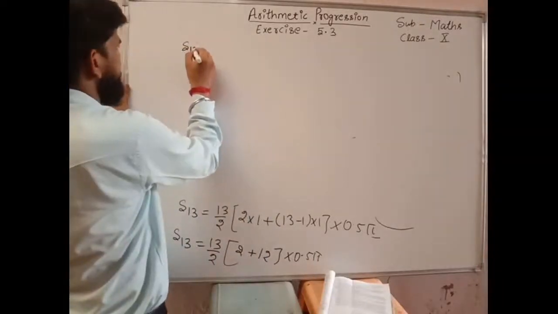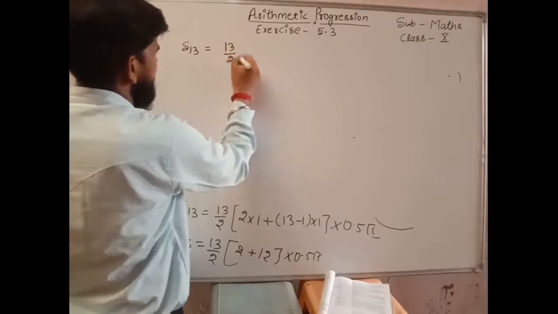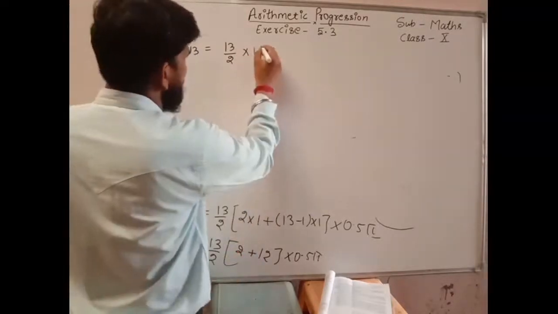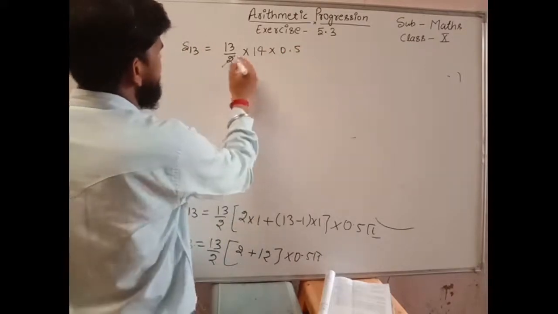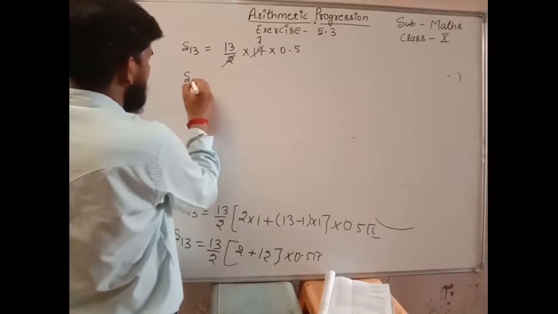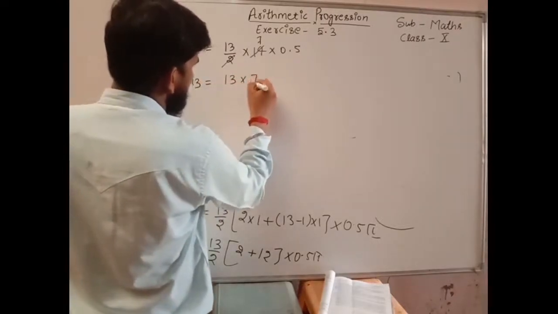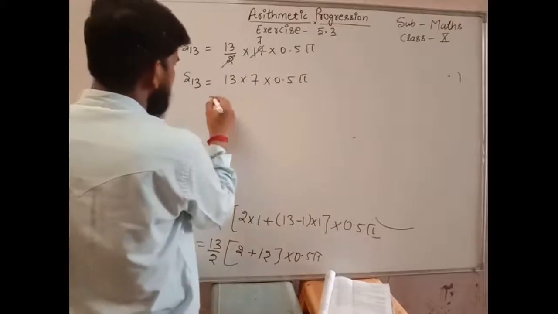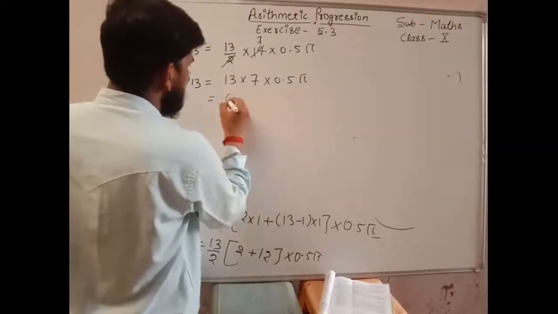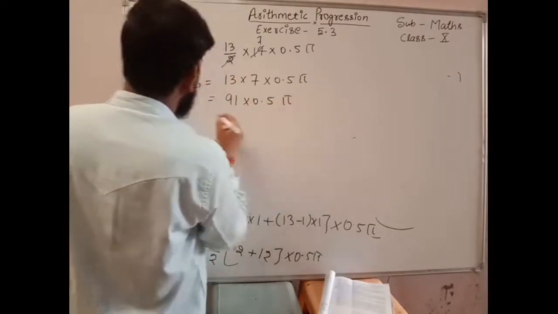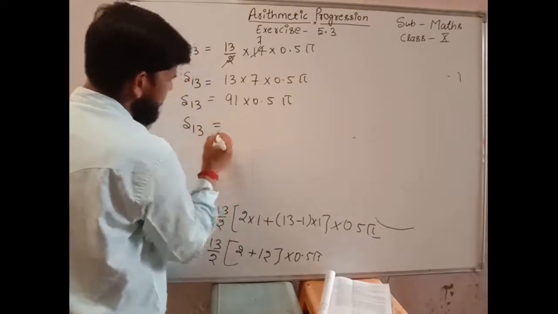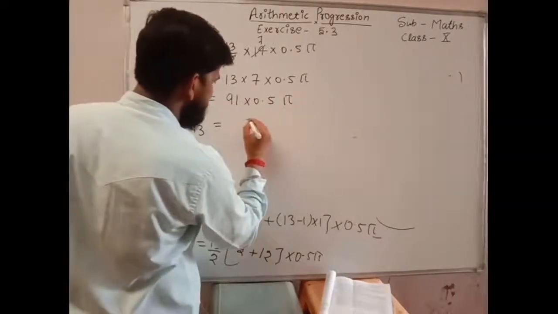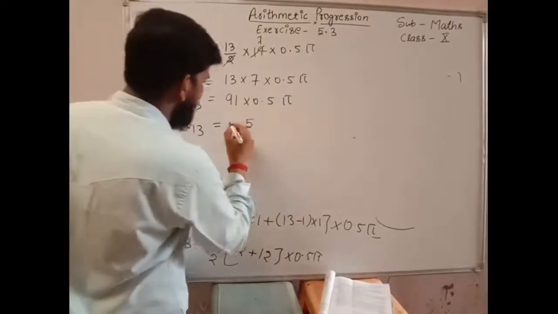Now solve this part and we will get the solution of the question. So S 13 is equal to 13 upon 2, 12 plus 2, that is 14, multiplied by 0.5 pi. 2 7s are 14. So S 13 is equal to 13 multiplied by 7 multiplied by 0.5 pi. This is equal to 13 7s are 91, multiplied by 0.5 pi. So S 13 is equal to 0.5 multiplied by 91. 5 1s are 5 and 5 9s are 45.